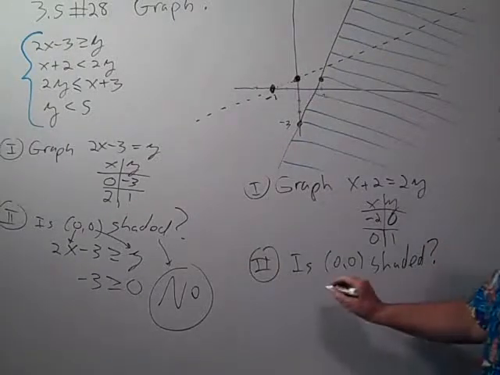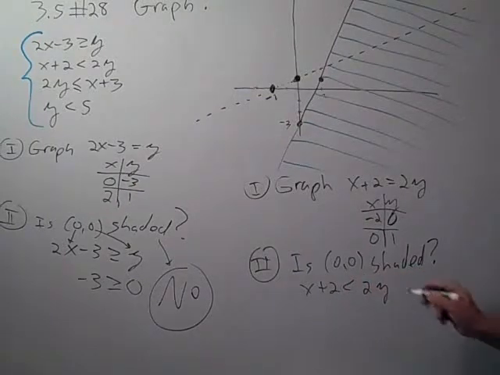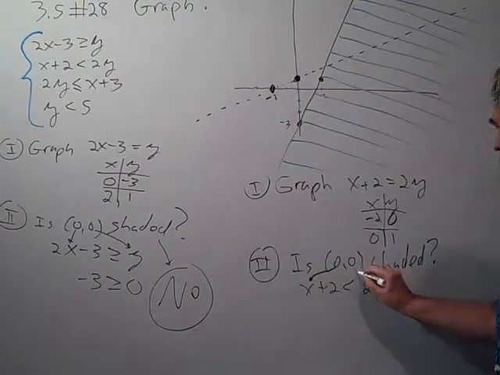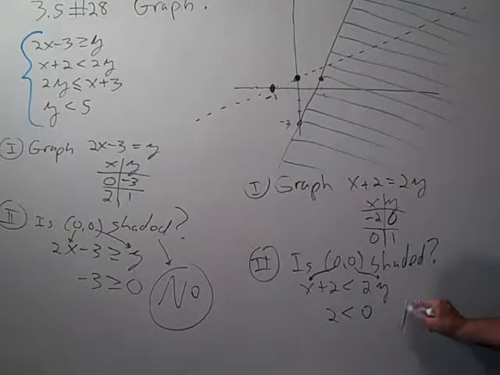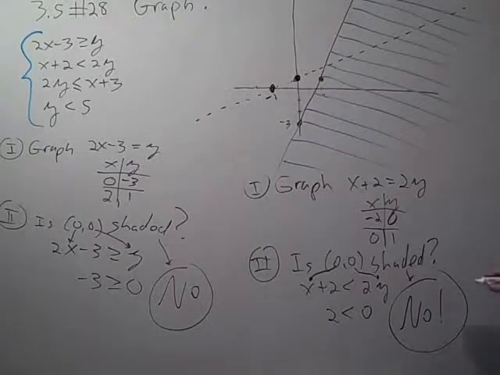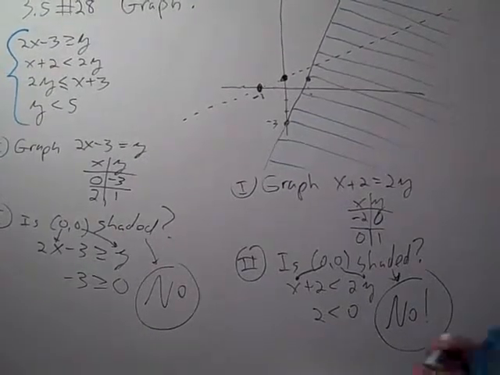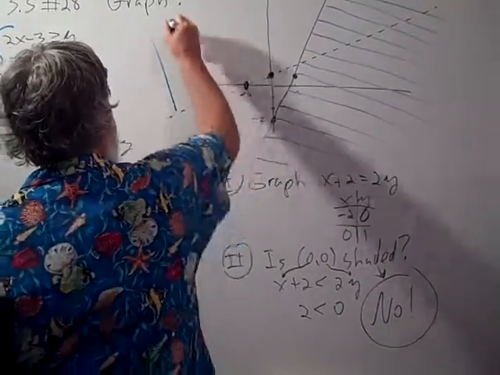By plugging into the original inequality, x plus 2 is less than 2y, when x is 0 and y is 0, this becomes 2 is less than 0, which is false. So the answer to our question is no. So the origin is not on the shaded side of that line, so it must be the top side of that line that's shaded.